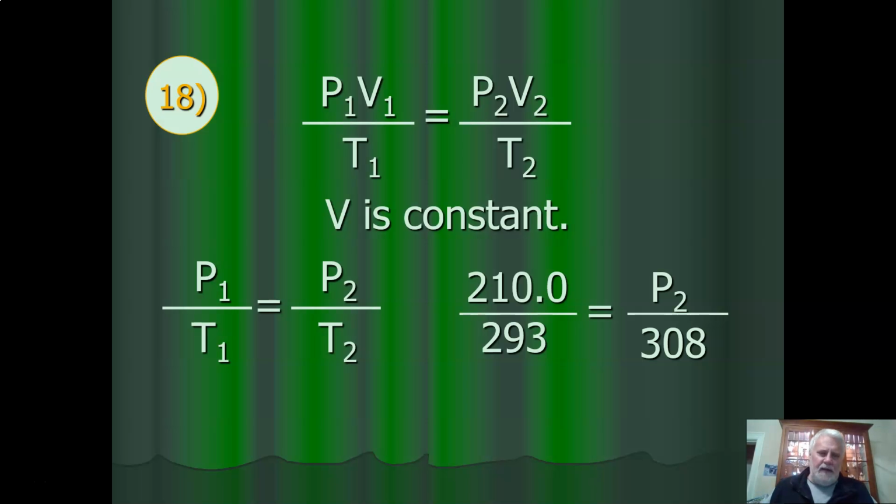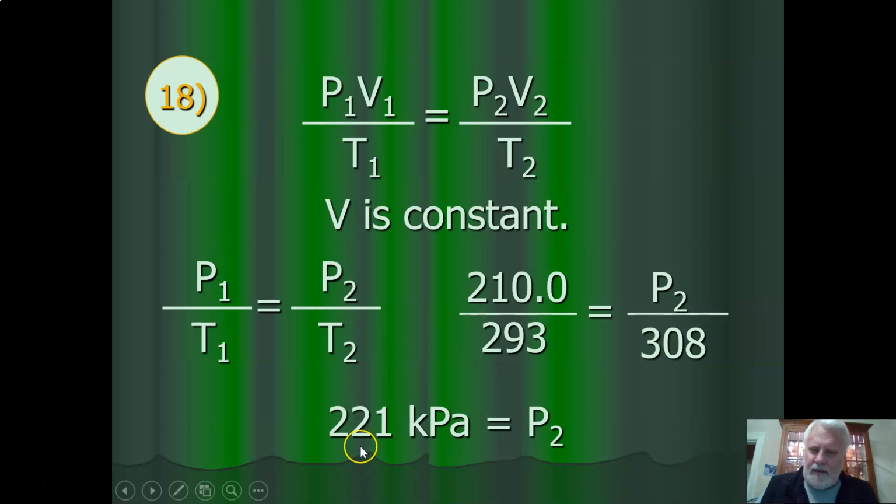Now this says that the answer is 220.750853. Well, how many of those are significant? It's going to be just 3 of them. So 220.7, you round to 221 kilopascals. You check your answer for number 18, and it's 221 kilopascals. Okay? So you can continue to do this.